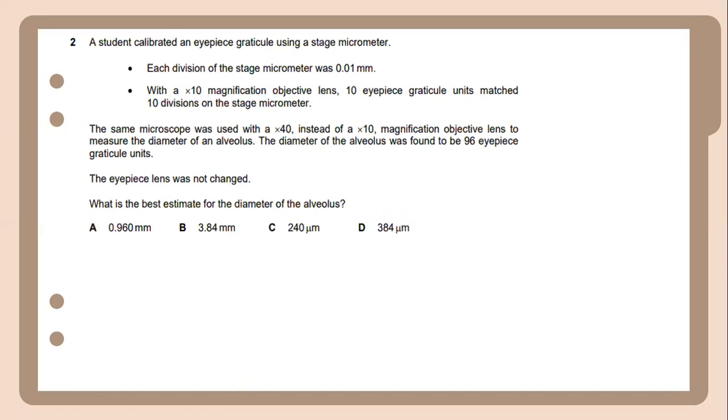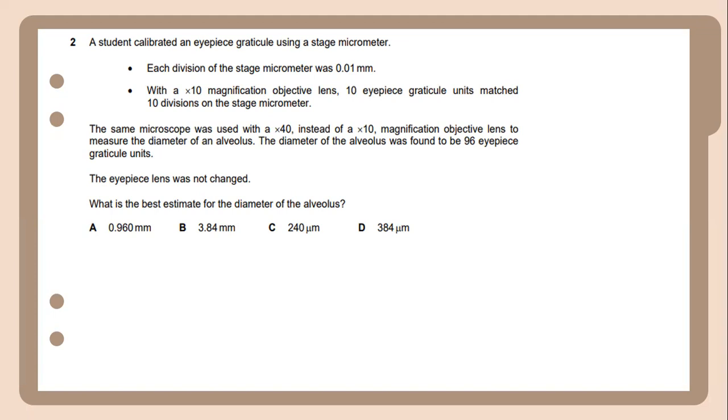Number 2. A student calibrated an eyepiece reticule using a stage micrometer. Each division of the stage micrometer was 0.01 mm. With a ×10 magnification objective lens, 10 eyepiece reticule units match 10 divisions on the stage micrometer.